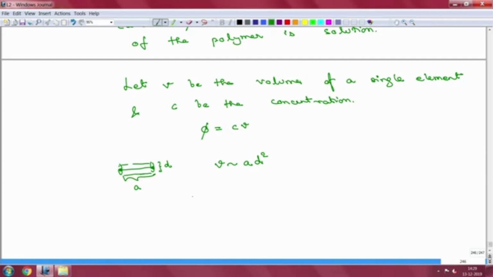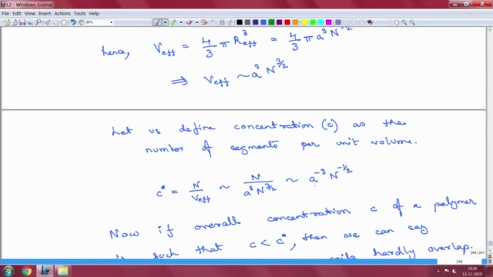Now phi star is the critical volume fraction, the volume fraction when your concentration is also critical. So, phi star should be equal to C star times v. We have already seen that C star varied as a to the power minus 3 n to the power minus half.